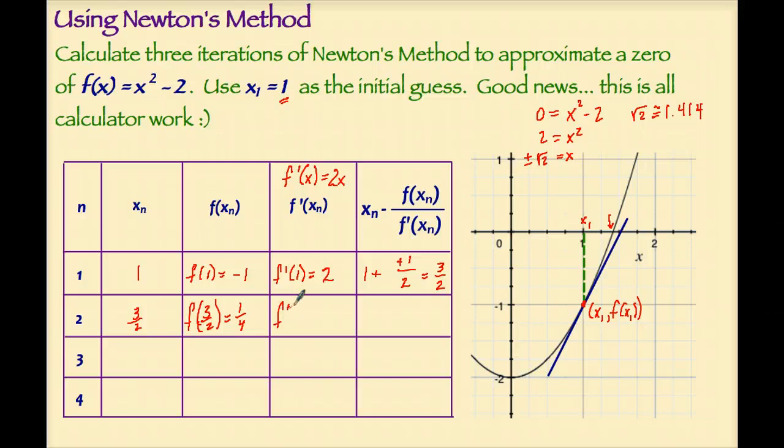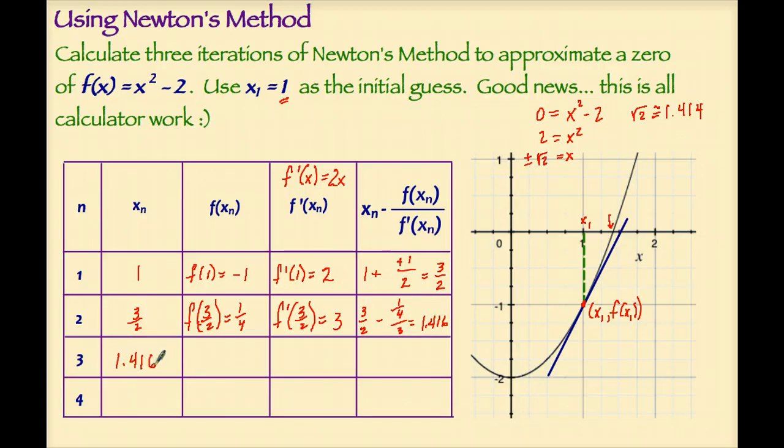The first derivative at 3/2 is 3, and then we'll calculate our next approximation by taking 3/2 minus the function value at 3/2, which is 1/4, over the first derivative at 3/2, which is 3, and this comes out to be, I'll just write down the decimal, 1.416.